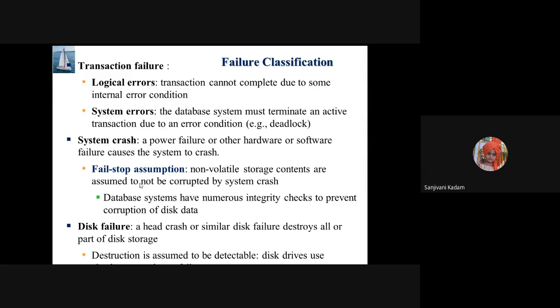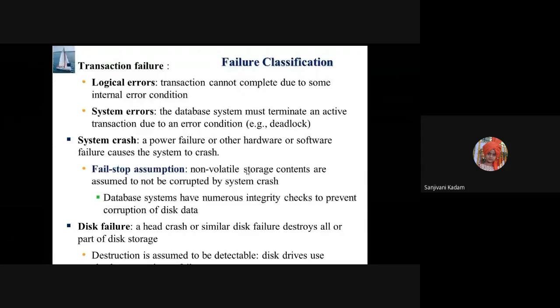And next one, system errors. Whenever we are active in the system, it means an operation is going on, and during that period, because of some reason, my database server doesn't allow me to continue with the transaction. It means because of some system problem, that server is not available. If I'm using a computer machine, unnecessary power failure also can cause a transaction to fail.